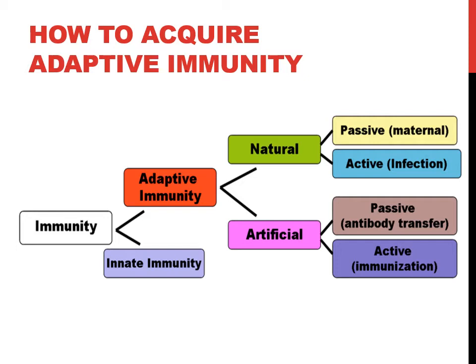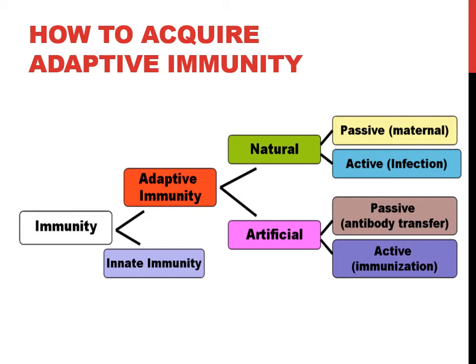And then you have the adaptive immunity, which is that long-term memory waiting for a particular pathogen that it's developed a particular defense towards. So how do you get an adaptive immunity? Well, there's the natural way to get it, which is just to get the infection. So say you get a particular type of pneumonia from a particular strain of bacteria. So say you get a strain of pneumococcus pneumonia.